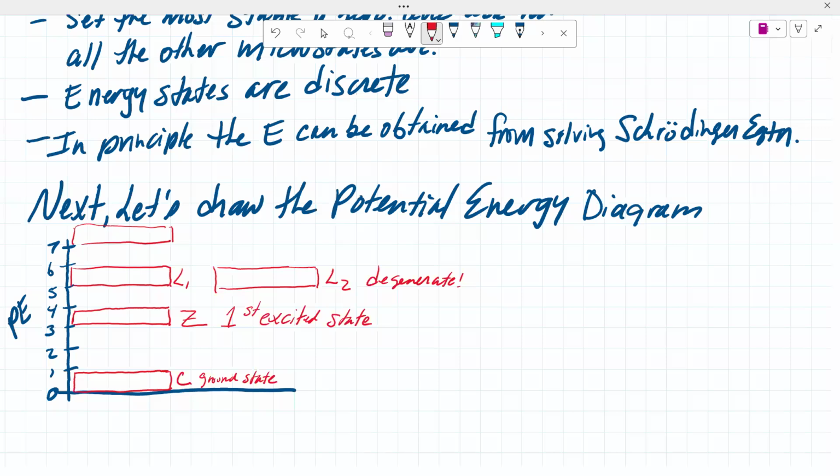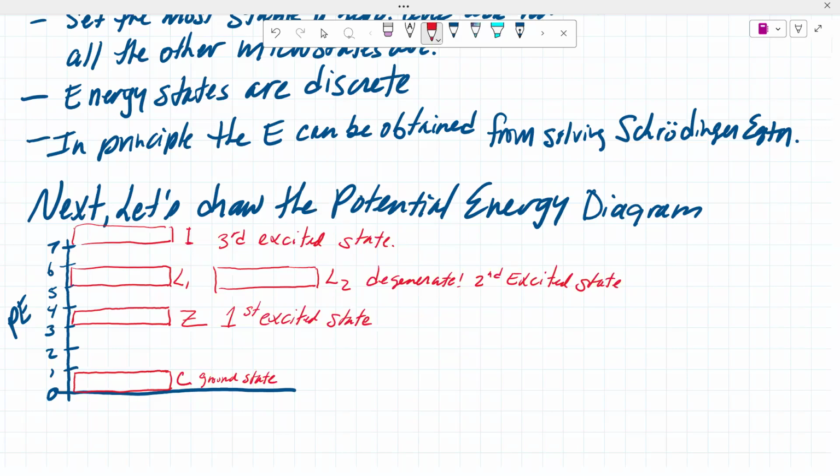I'm going to draw it up here. This is the I peptide. This is the first excited state. This is the second excited state. This is the third excited state. We talked about the Rydberg equation and the excitation of electrons between energy levels.